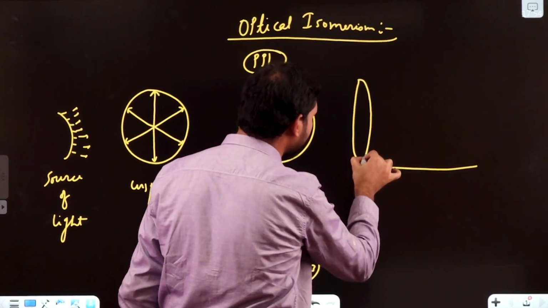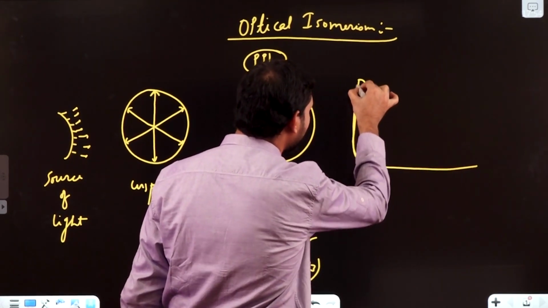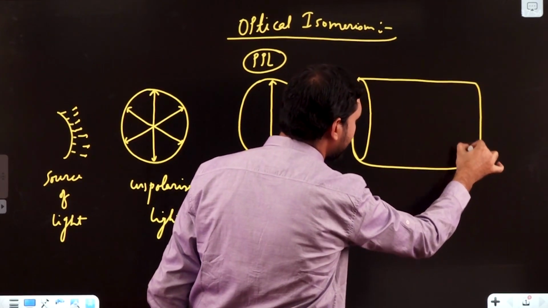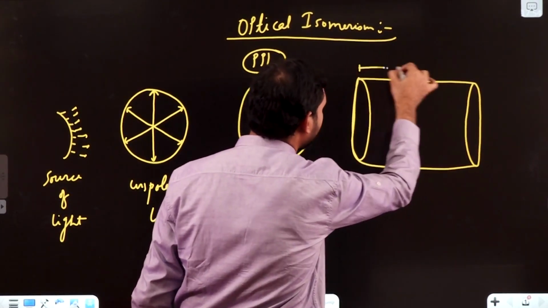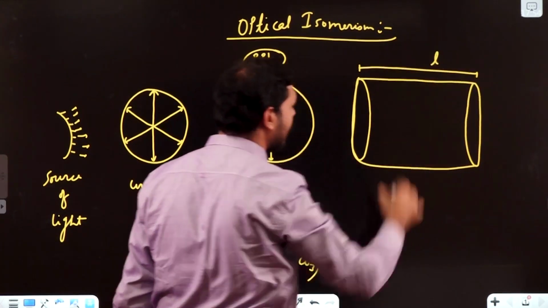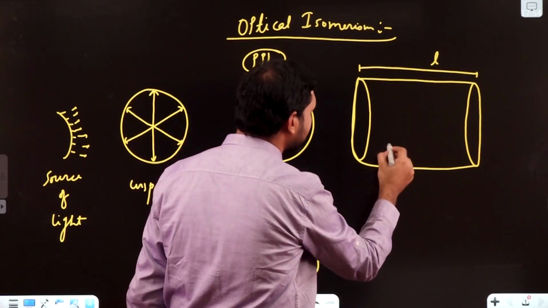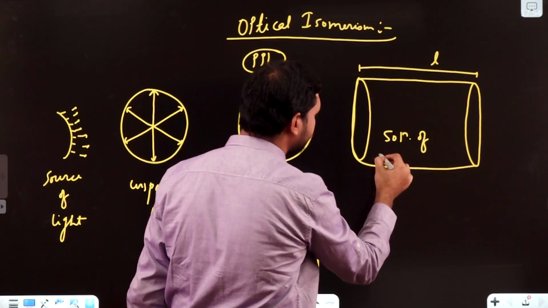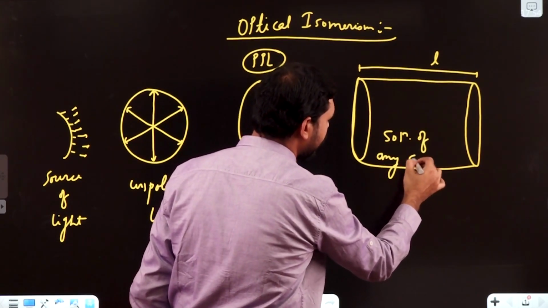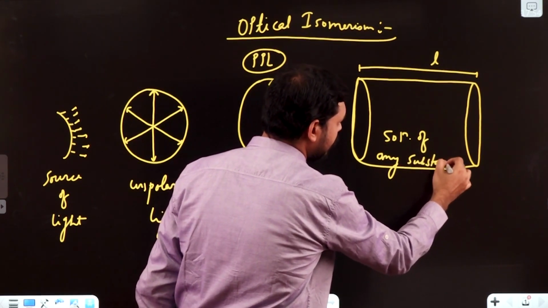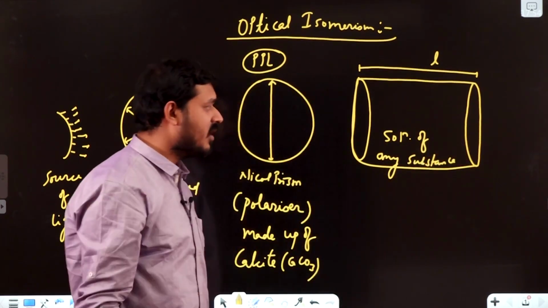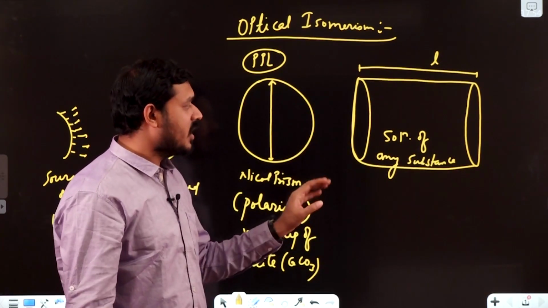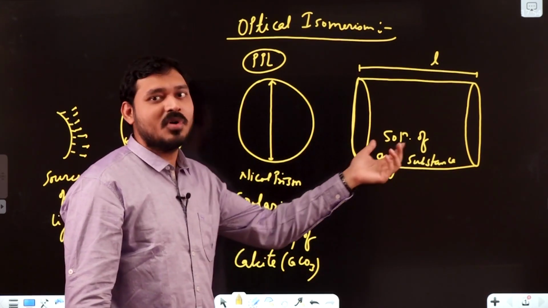If I simply say a polarimeter tube, it consists of a cylindrical vessel having length L. This is containing a solution of any substance, for which we need to understand whether that substance, in particular that organic compound, can show optical isomerism or not.